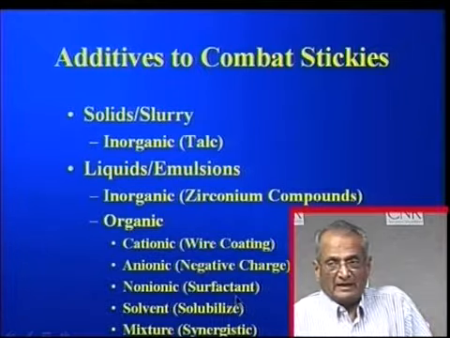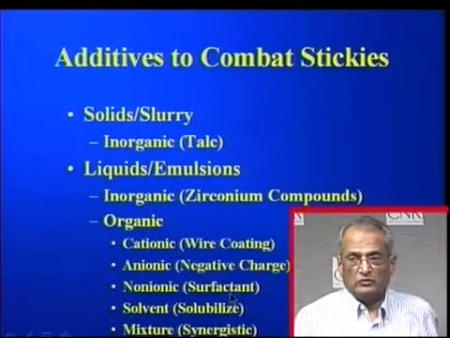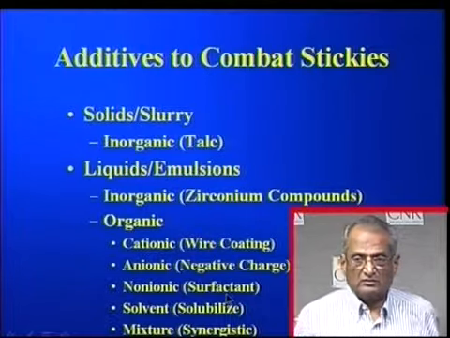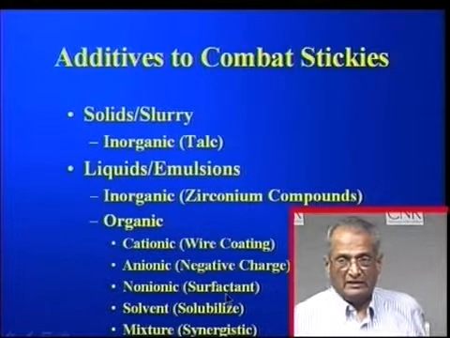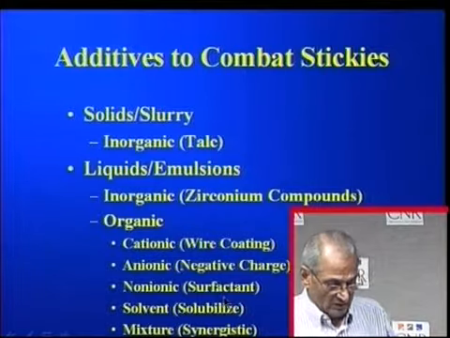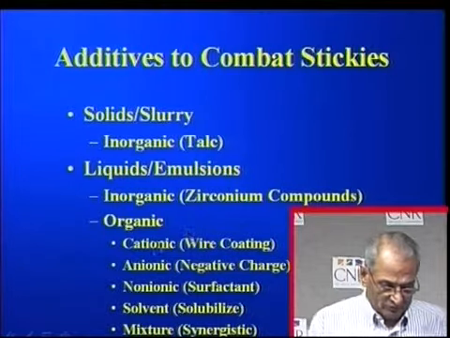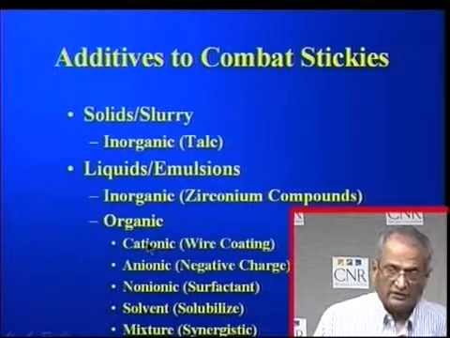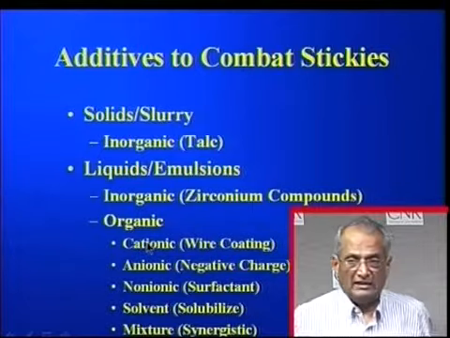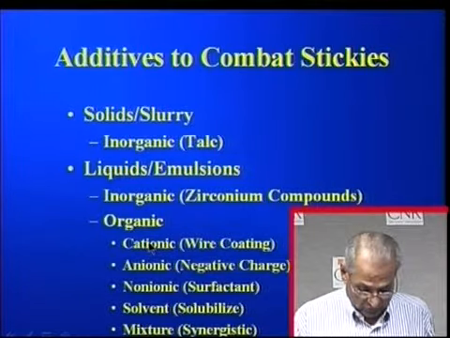Non-ionic surfactant type material is used to make micro stickies somewhat hydrophilic and prevent the agglomeration, and so on. So there are many types of organic additives available to stabilize and pacify micro stickies.